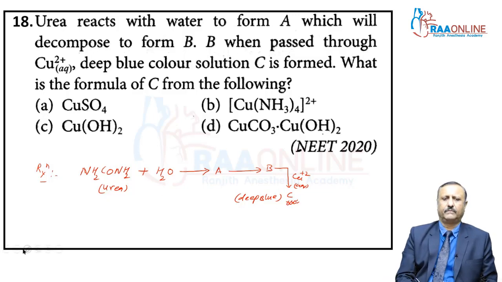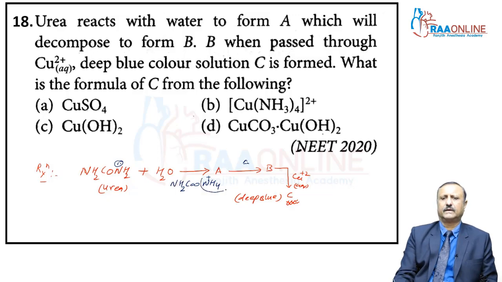My dear students, here we can see urea dissolved in water. When urea dissolves in water, it forms NH2COONH4. Here the H+ ions come from the water molecules and form NH4+ ions. When this salt decomposes, it gives ammonia, NH3, and carbon dioxide.